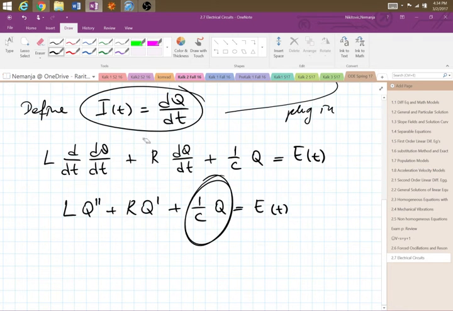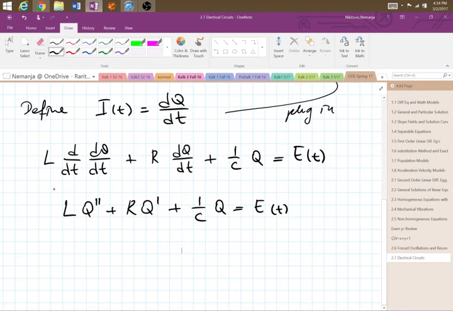So if I am to take a derivative with respect to time, I would have L times the second derivative of dq/dt.